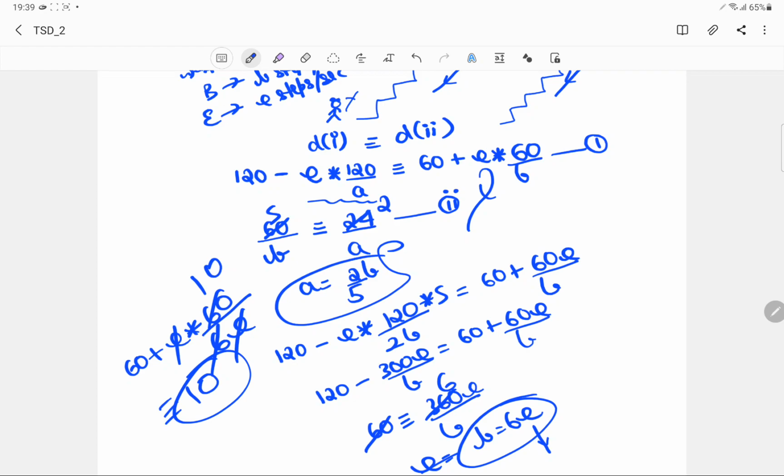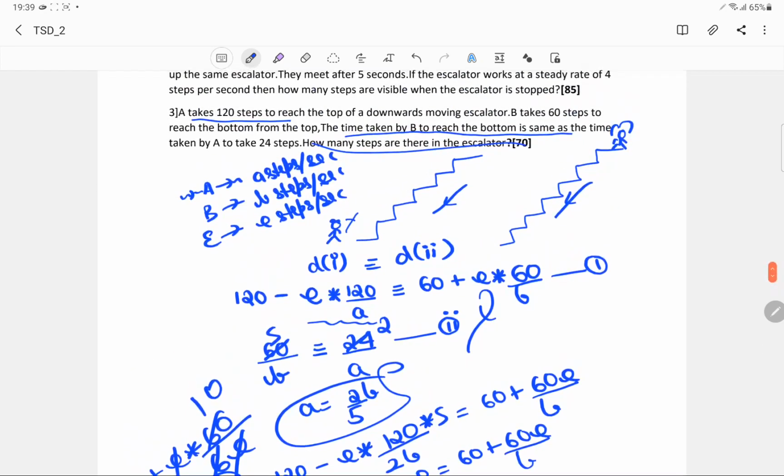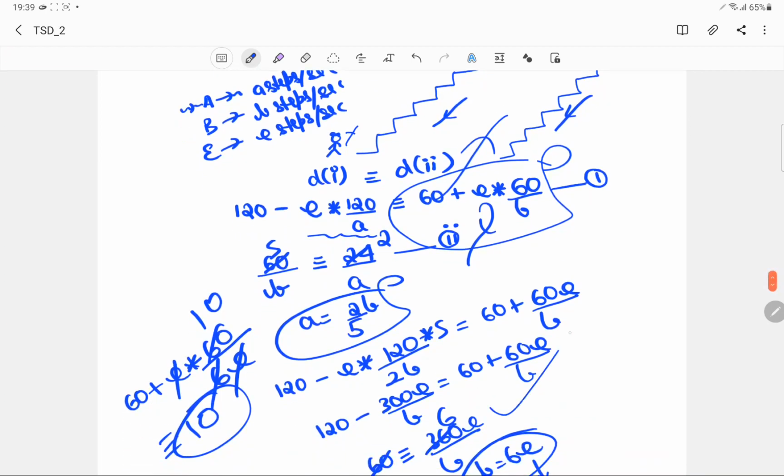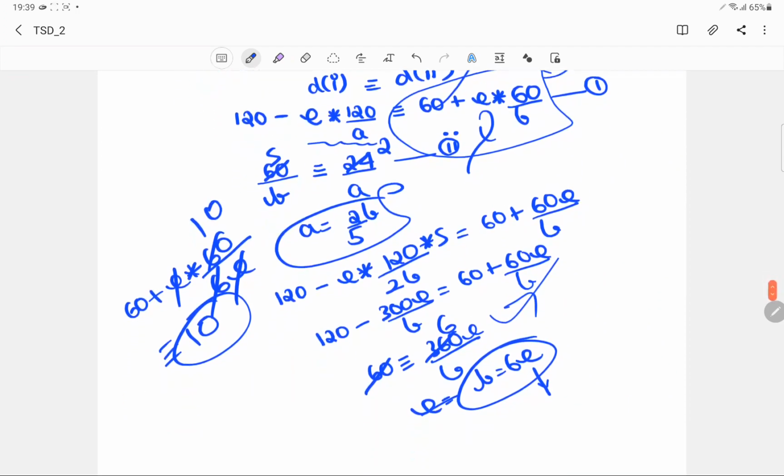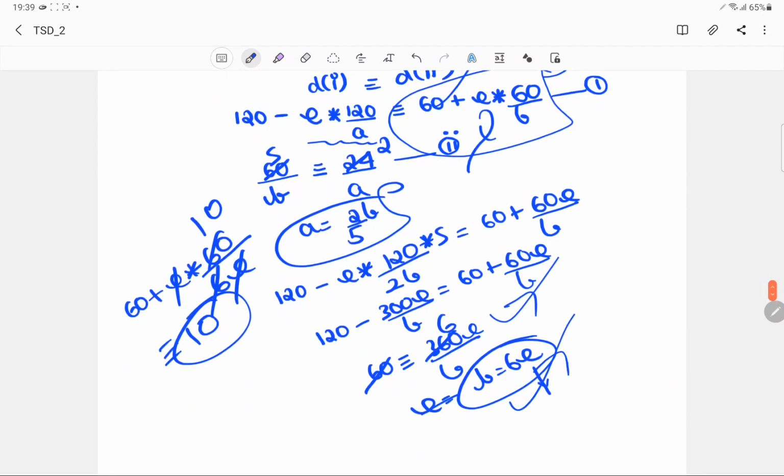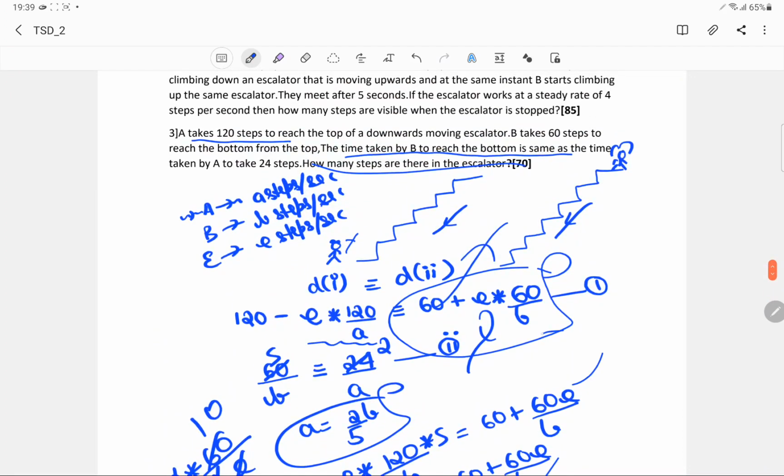So here you need not have the 5 equation, because you were getting the length of the escalator from here. So you could simply put in this equation. From this equation you get the relation between b and e, and putting it here you could get the length of the escalator.